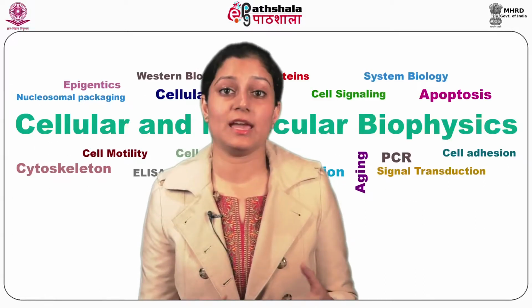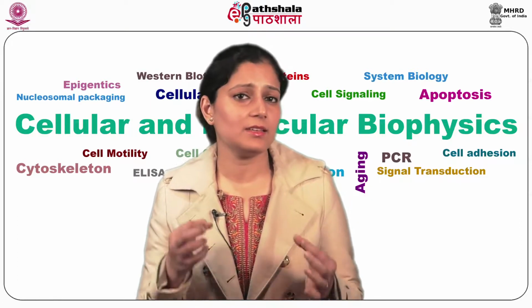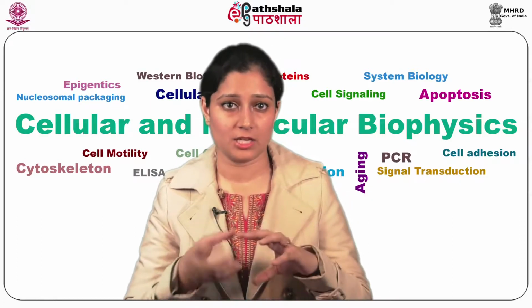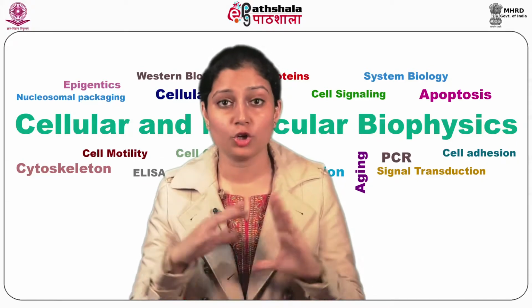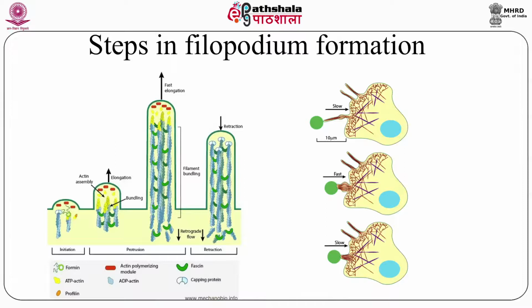The initiation and elongation of filopodia depend on the precisely regulated polymerization, convergence and cross-linking of actin filaments. Now let us discuss the steps of filopodium formation. Filopodium formation occurs in 3 stages: initiation, protrusion with fast elongation and retraction.